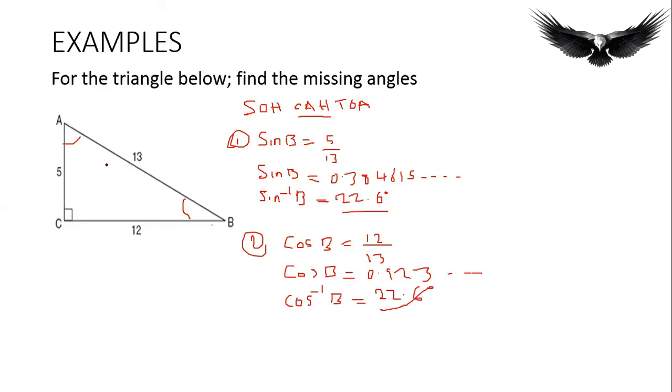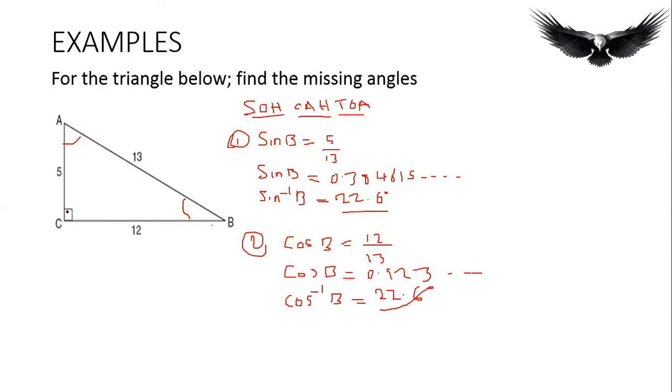Okay, now in the exam, there won't be such simple situations where you have all the sides. No, it's either you are given this side and this side, or this side and this side. So you have to choose which ratio to use based on the information that you have been given. All right, so now I've just demonstrated how to find this angle. Why? Because I can simply say angles in a triangle add up to 180.